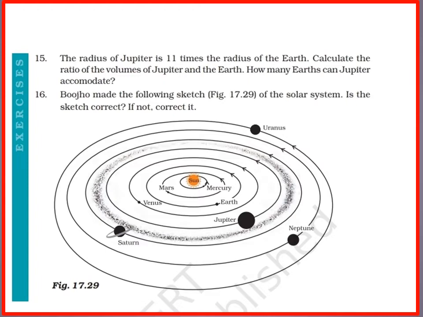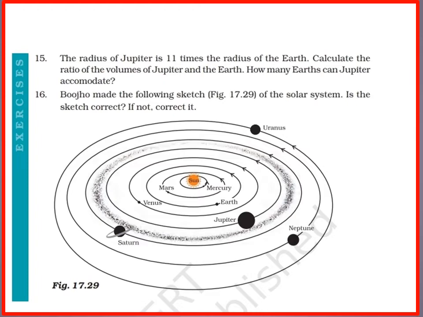It is given in your textbook that we can place around 1300 earths in Jupiter. That means we can accommodate 1300 earths inside Jupiter. That value we get from this calculation.